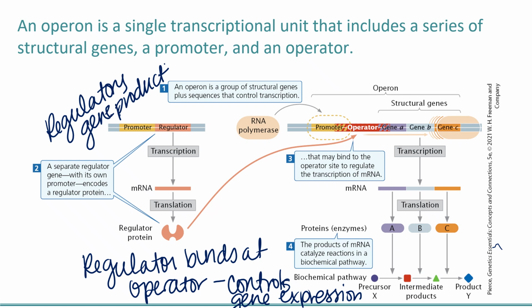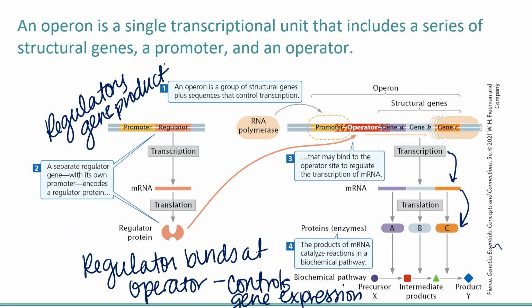But let's say that whatever happens, happens, and this operator allows these genes to be expressed. So then they are transcribed into messenger RNA, and then they are translated into their individual gene products. And then those individual gene products can participate in their own biochemical pathway.